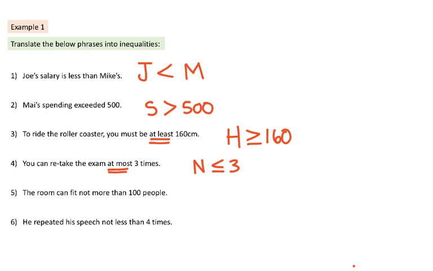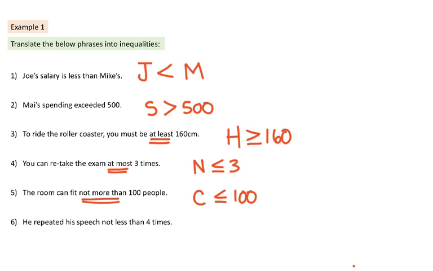Okay, so the room can fit not more than 100 people. So there could be 100 people. So let's call it the capacity of the room is going to be less than or equal to 100 people. We cannot have more than 100, but we could have 100 or less.